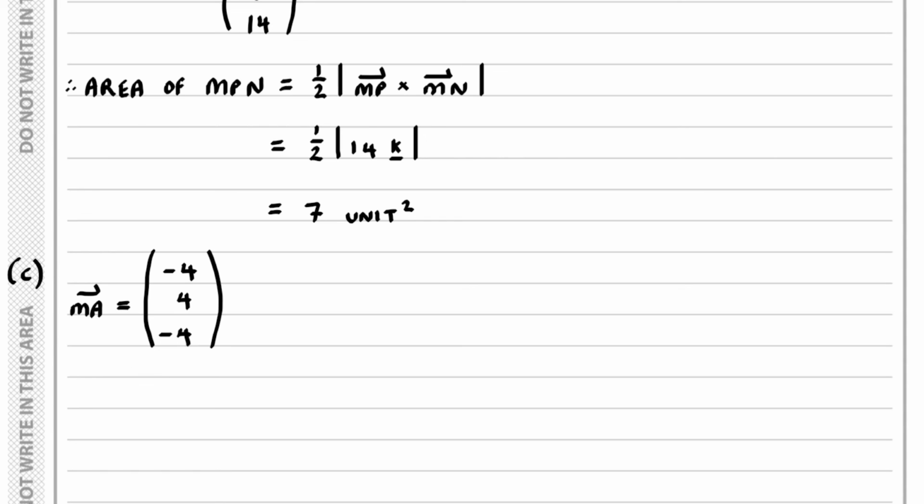Here is the vector MA. Now, to find out the volume of A, M, and P, well, what we have is 1/6 times the magnitude of the vector MA dot with the cross product between MP and MN.